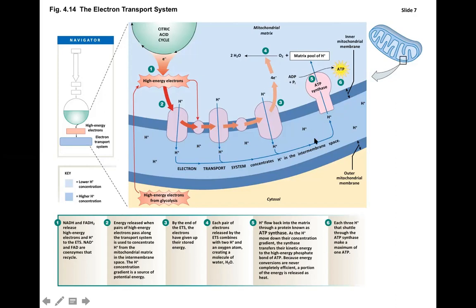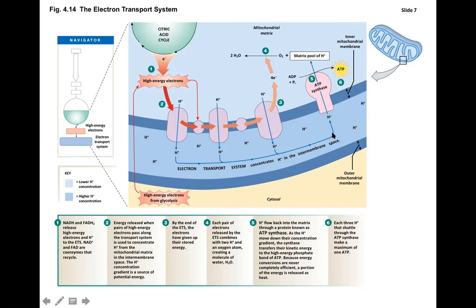For every 3 protons that pass through this ATP synthase enzyme, there's 1 ATP molecule produced. And so again, it's that potential energy stored in this concentration gradient of high protons to low protons.